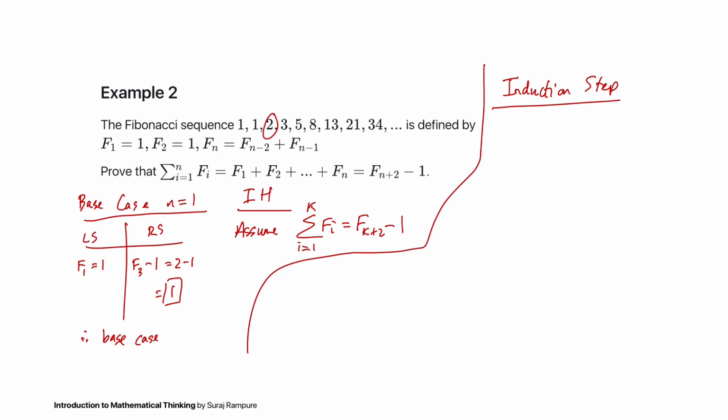Could you separate out f of k plus 1 to the definition of the Fibonacci number? That's part of what we can do, but what exactly are we trying to show right now? What is required of us?